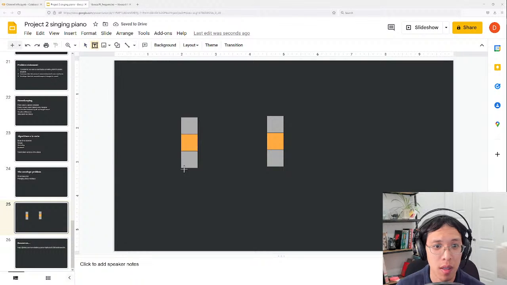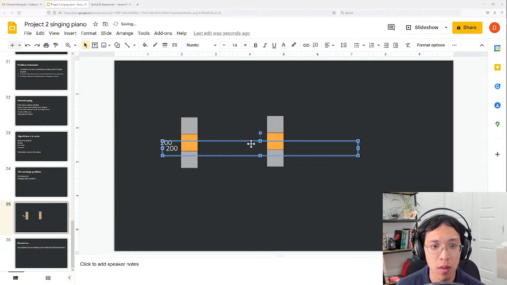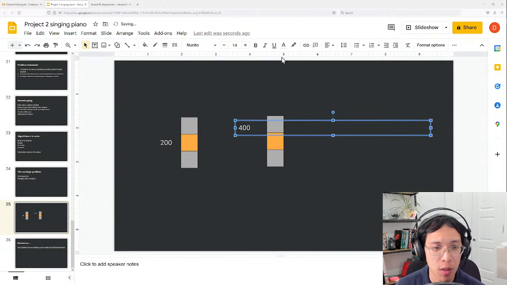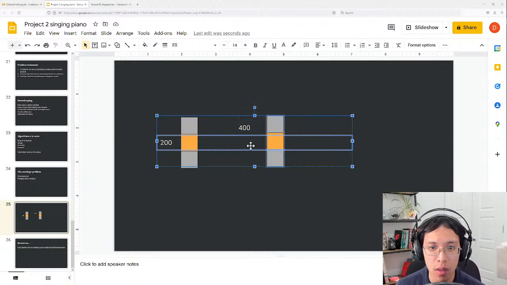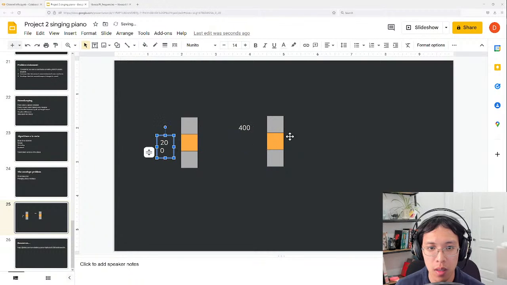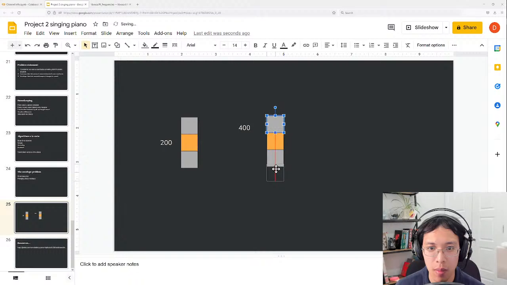So let's say this is like 200 hertz, and let's say I want to make this like 400 hertz over here. Now, if these bins were just arranged nice and neatly by frequency, then what I could do is just take this and shift it up one bit like this. And so what I would end up with is something like this.